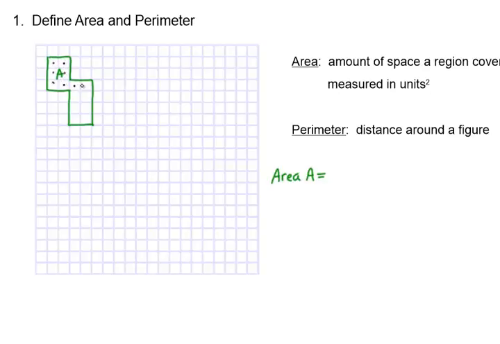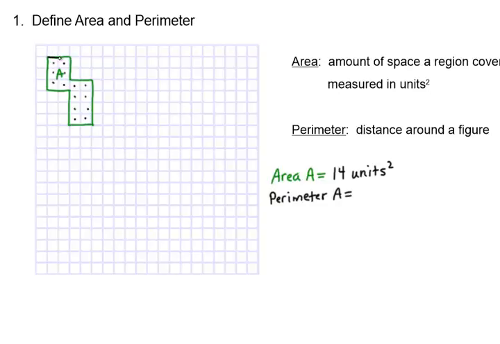So the area is simply, if I count all the little squares inside, so 1, 2, 3, 4, 5, 6, 7, 8, 9, 10, 11, 12, 13, 14. So the area of A is 14 square units. Okay, now the perimeter of A would be the distance around.